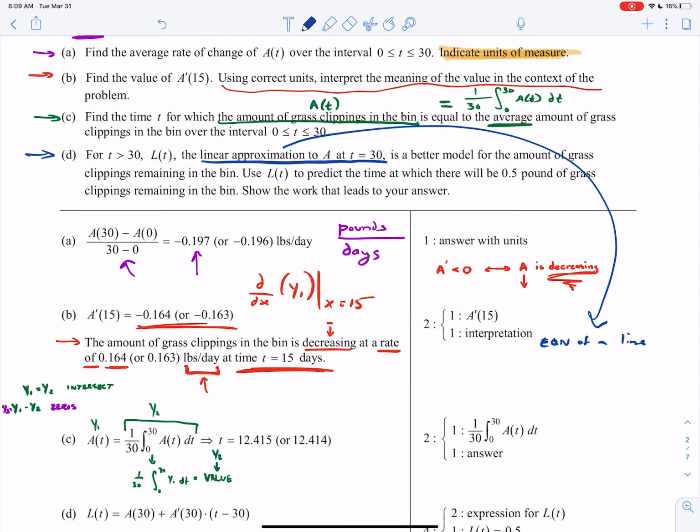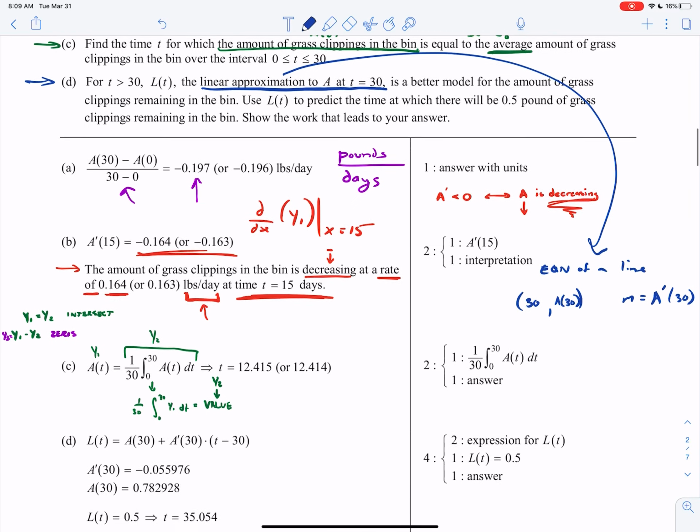So you need two things: a point and a slope. The point is going to be at t equals 30 and whatever A of 30 is. The slope is going to be the derivative at 30, so this will be A prime of 30, whatever that is.